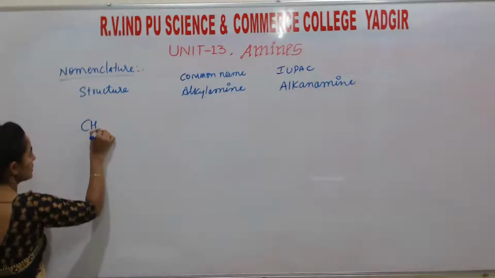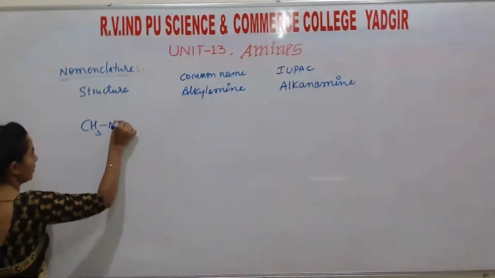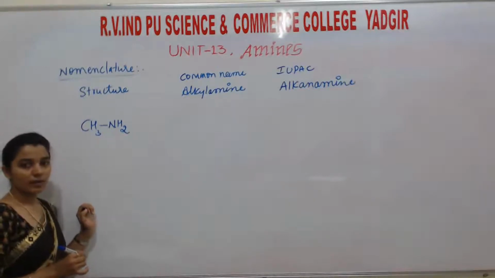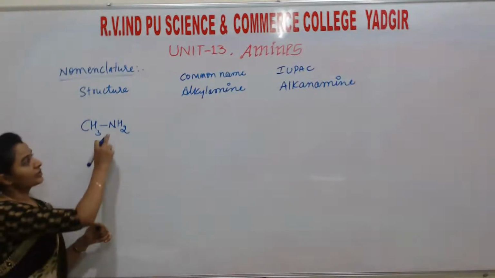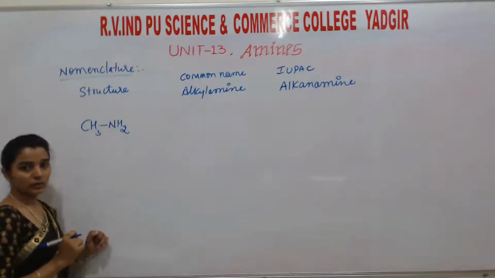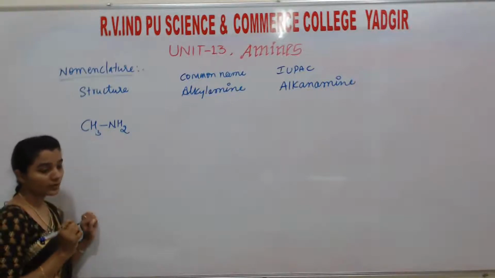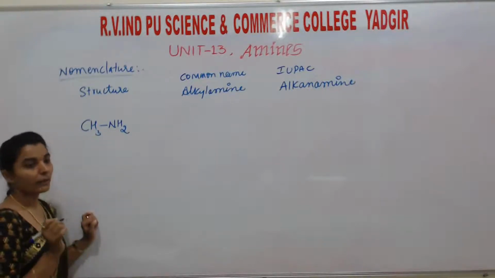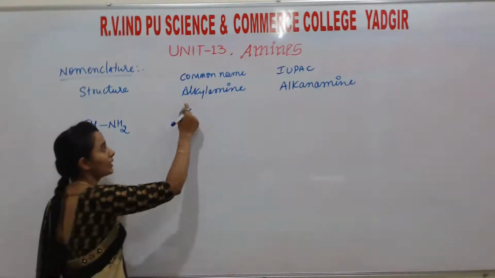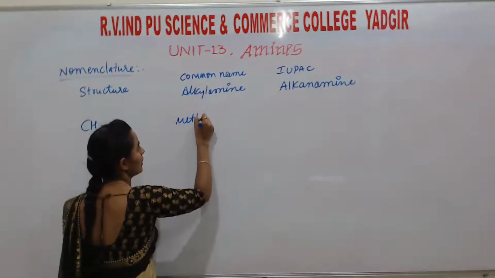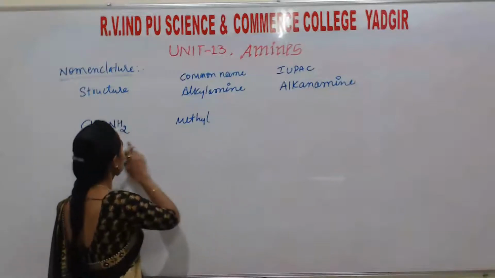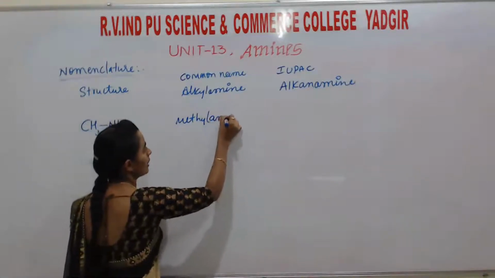CH3 single bond NH2. Here the functional group is NH2. Except the functional group, how many carbon atoms are there? One carbon atom. For one carbon atom, what is the prefix? Methyl. You know, for one carbon atom it is meth. So alkyl here is methyl, and the last is replaced by the functional group amine.